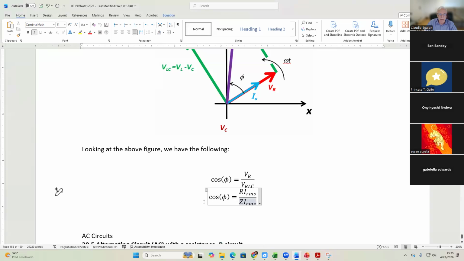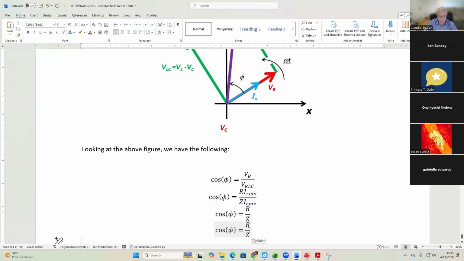So we go ahead and cancel the I RMS. We end up with this value, and we can even write the resistance as being zeta cosine of phi.